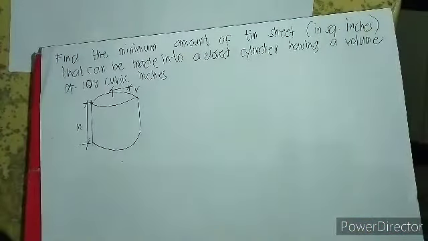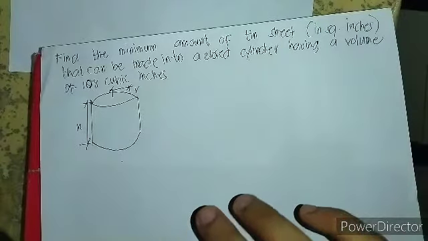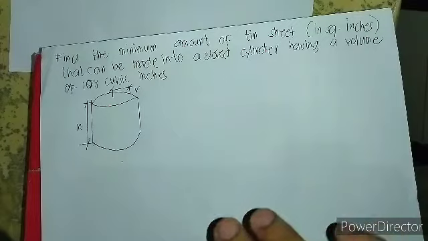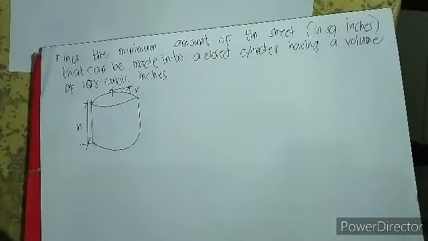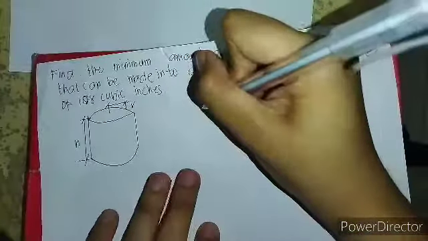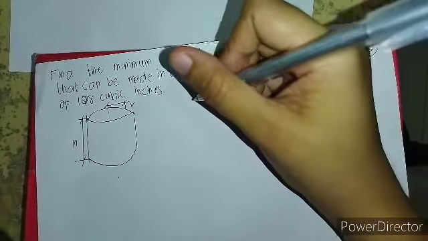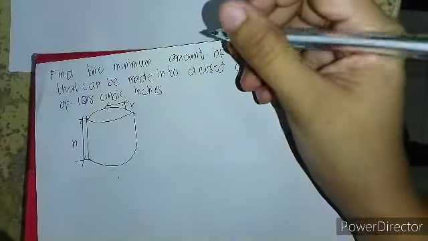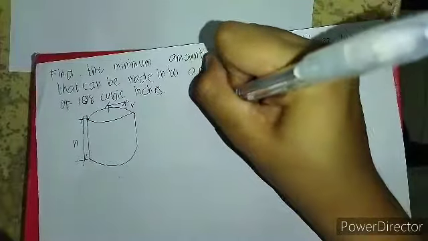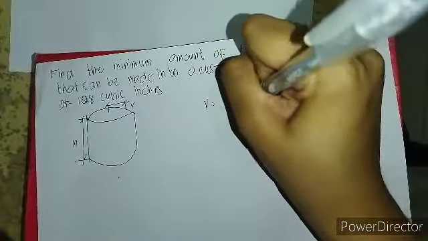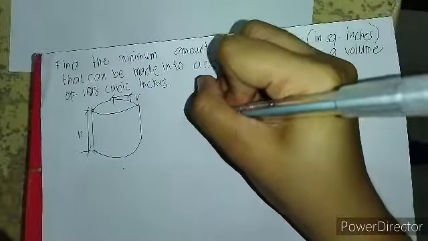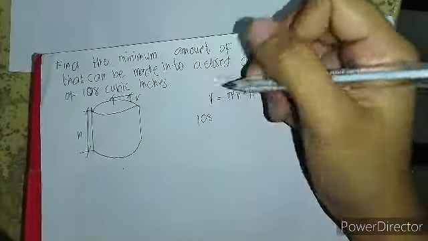Next example: we have to find the minimum amount of thin sheet in square inches that can be made into a closed cylinder having a volume of 108 cubic inches. We know that the volume formula for a cylinder is V is equal to pi r squared times h, and we are given a volume of 108 cubic inches.